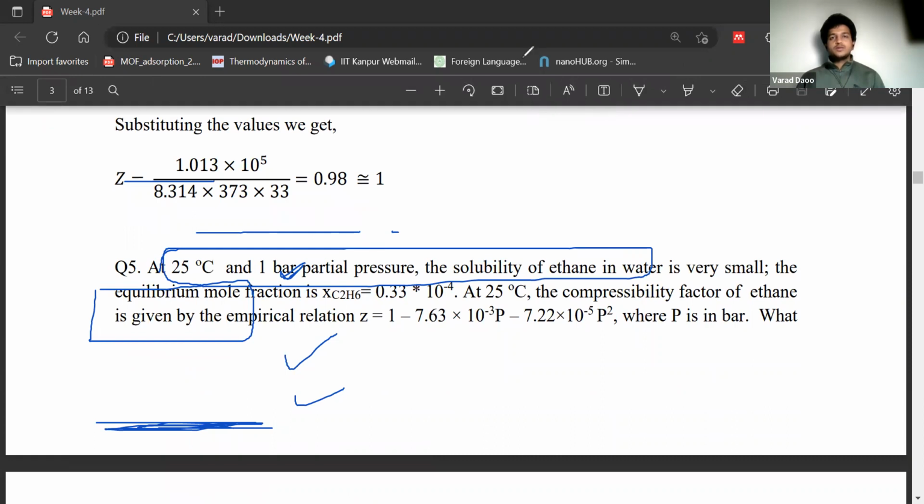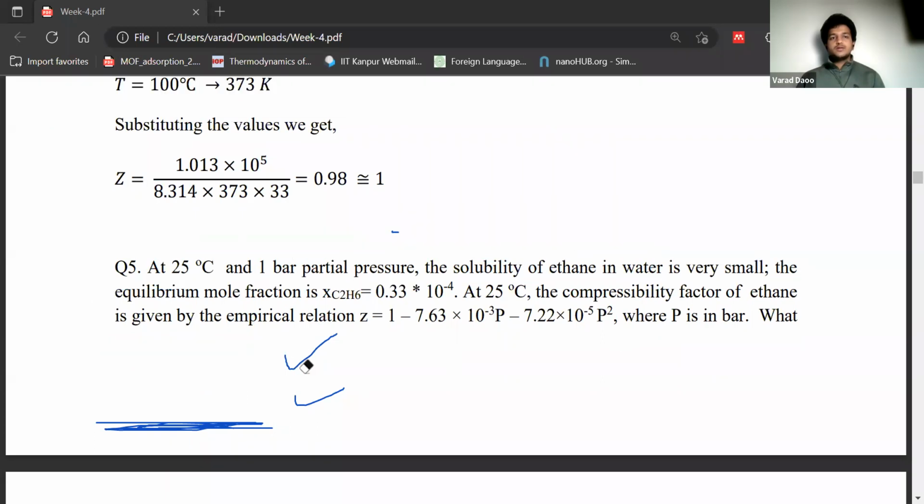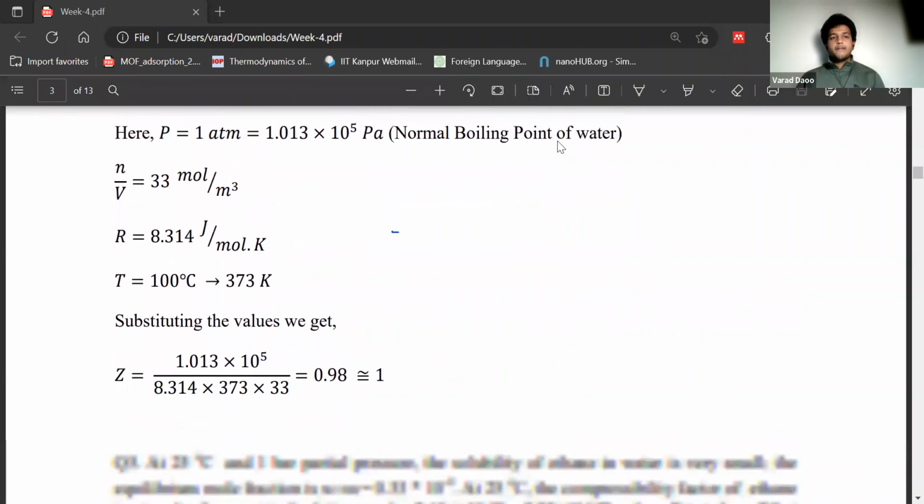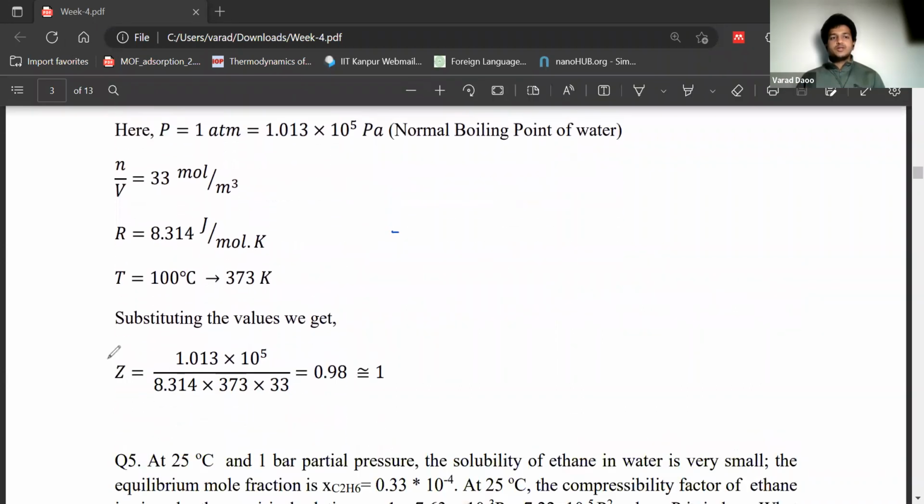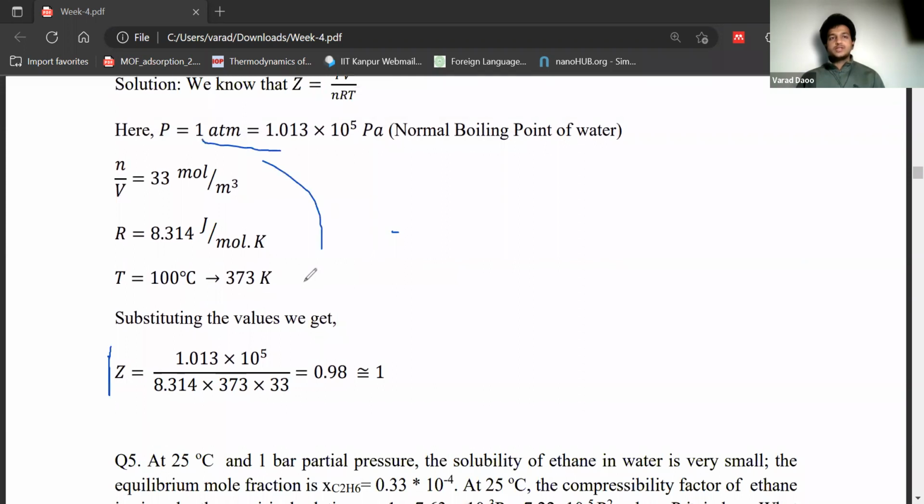Let me first clear the screen. So when you substitute it, you put pressure value as this. P by RT, P by rho RT. So this is R, this is the temperature, and this is the rho value.